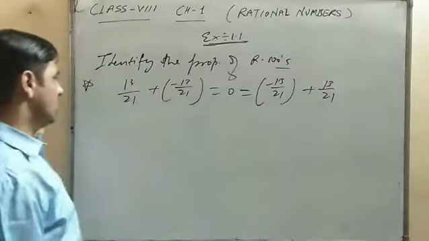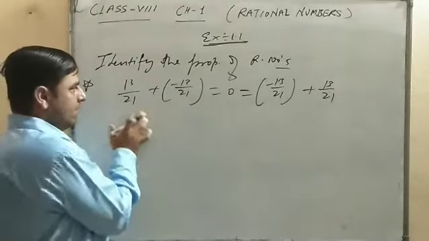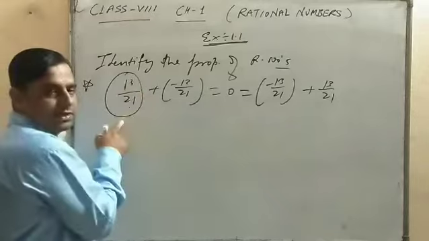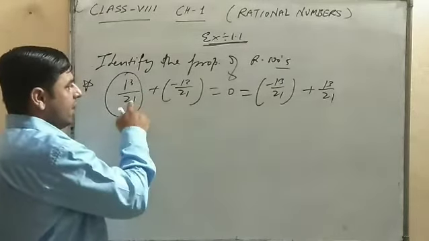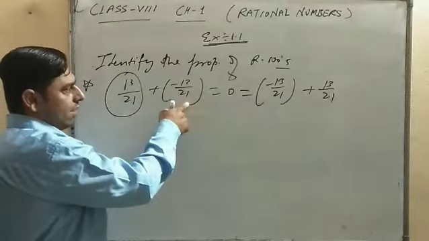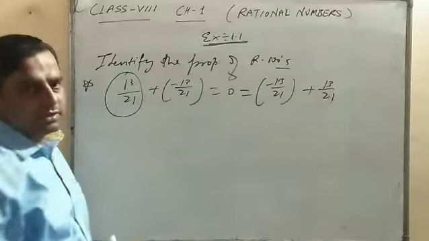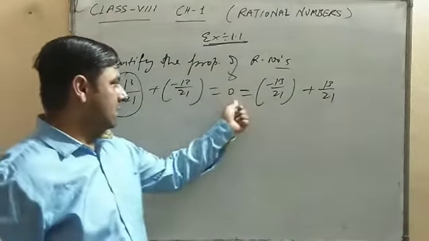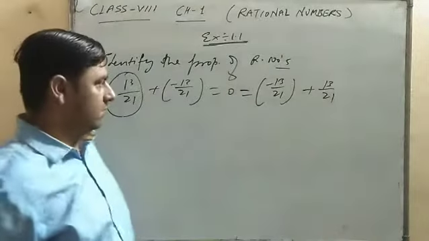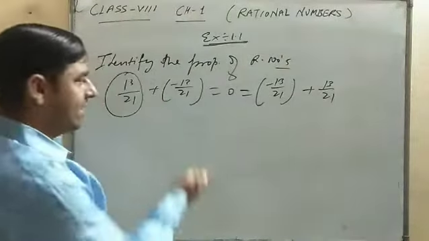It is called the additive inverse property because one rational number is given with its opposite sign, and its opposite rational number is already given. When you add both numbers, you get 0. If you interchange the order, the result will remain the same.